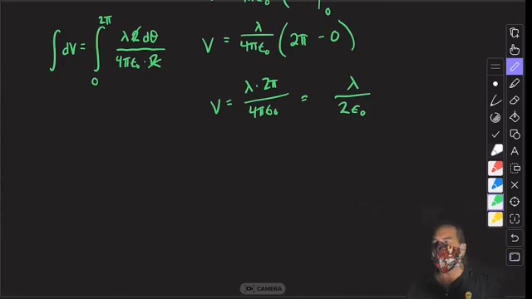Now, this is not the answer, but it's really close to the answer. The reason why I have to say it's not the answer is because we made up lambda in this problem from variables that were given to us. So sometimes, most times, when you've done your integration, you will then have to substitute back the variable you created that contains the information about lambda.